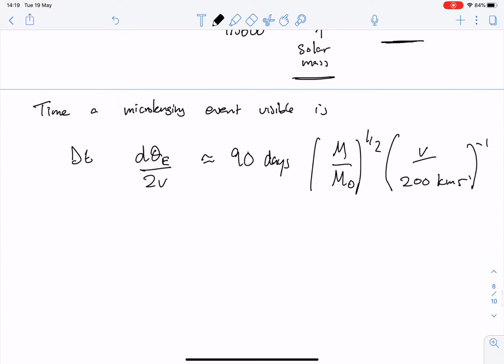And here 200 kilometers per second is the rotation speed of the Milky Way.